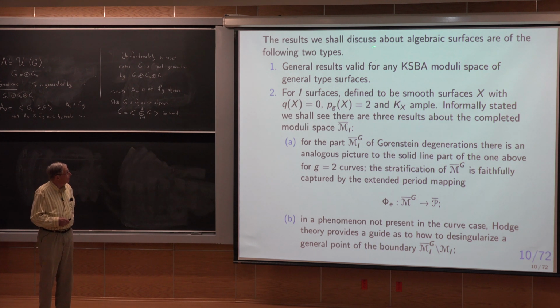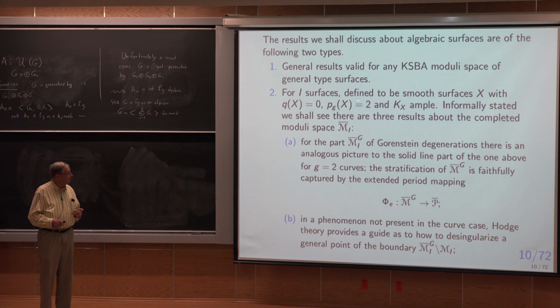For algebraic surfaces, we're going to discuss two types of results: general results that are valid for any family of algebraic surfaces, and then results for a particular surface, the I-surfaces. These are the ones that are regular, which means they have no holomorphic one-forms; the first Betti number is 0.